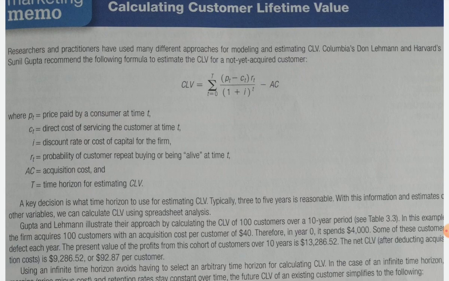So when we are calculating CLV, RT and AC also need to be considered, and AC is the cost of acquisition, like what all expenses have been done on pre-selling, how many times you wanted to sell a laptop to a customer, how many times you approached, how many calls were made, how many messages were sent, and what was the cost of marketing communication.